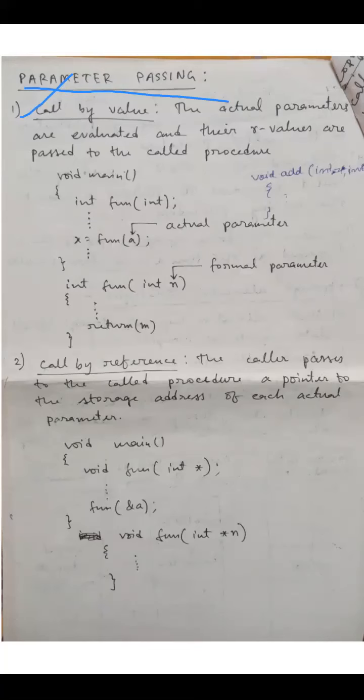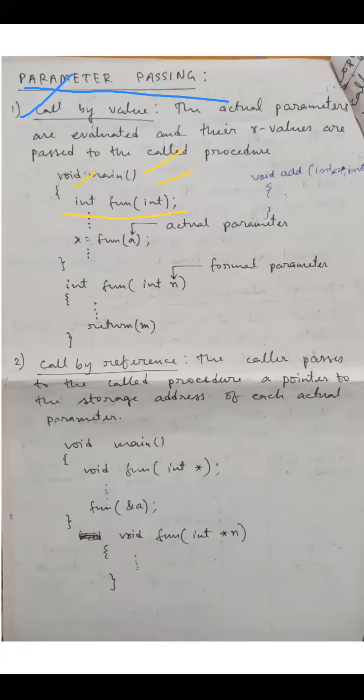So take an example. Say the main function calls another function, int fun(int). This is a function declaration. Fun is the function name, the int in brackets is the type of argument it will take, and the other int is the return type.